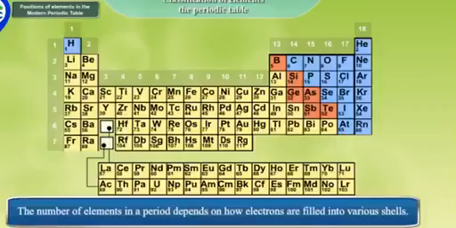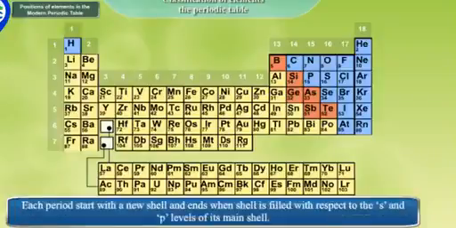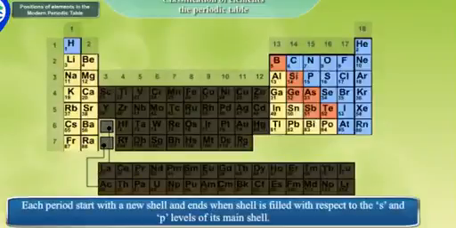The number of elements in a period depends on how electrons are filled into various shells. Each period starts with a new shell and ends when the s and p levels of its main shell are filled.